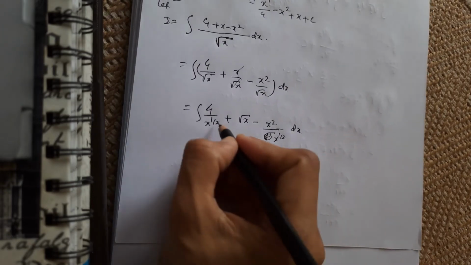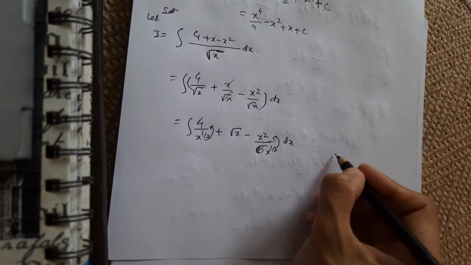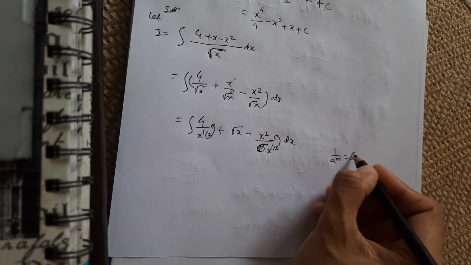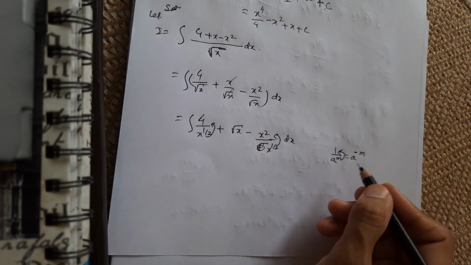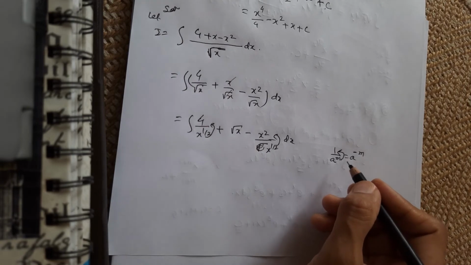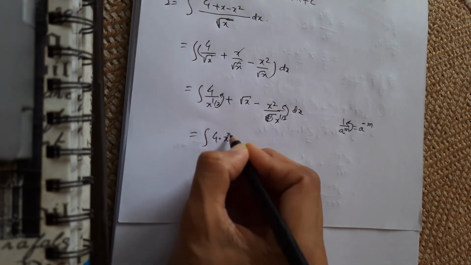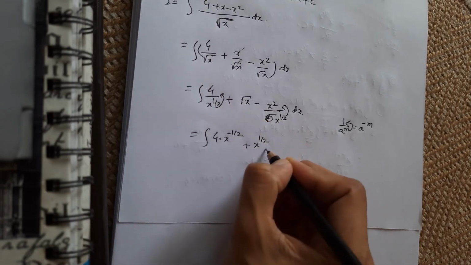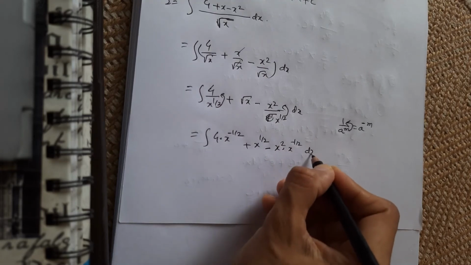Okay, so just take this to the numerator and the power will become negative. We know that 1 upon a to the power m can be written as a to the power minus m. Whenever we move the power term between numerator and denominator, we need to change its sign. So here what will I get: integration of 4 into x to the power minus 1 by 2 plus x to the power 1 by 2 minus x square into x to the power minus 1 by 2, dx.